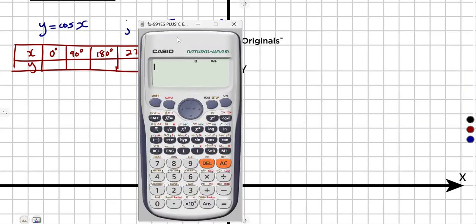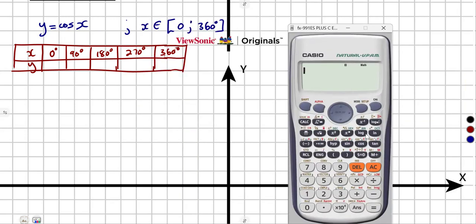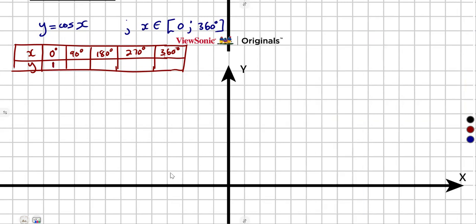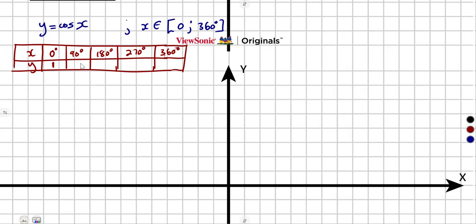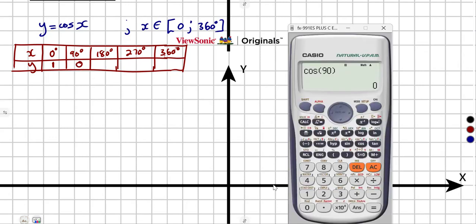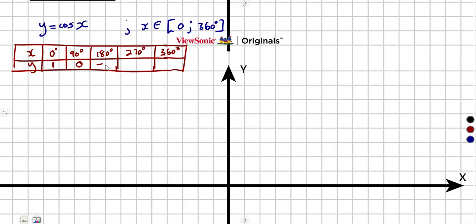This is cos of x, meaning to say we're going to have cos of 0. This is going to give us 1. As we can see, that's a change that we are seeing in our values. At 90 degrees, this is where we obtain a 0. At 180 degrees, that's -1.